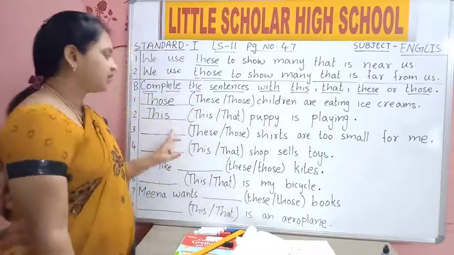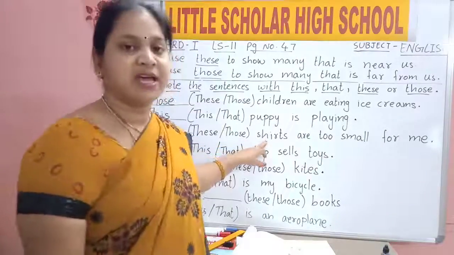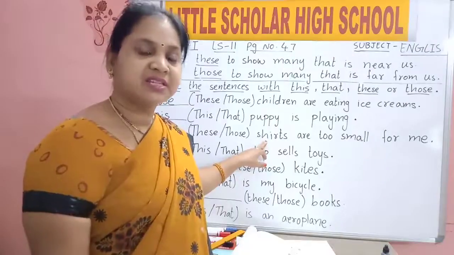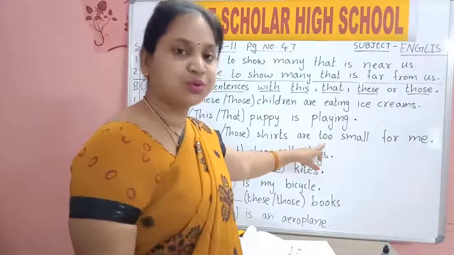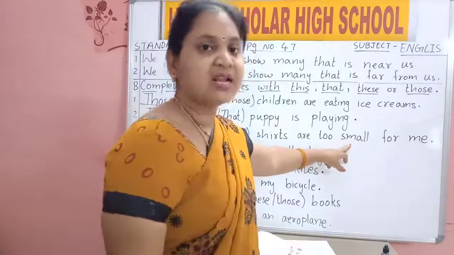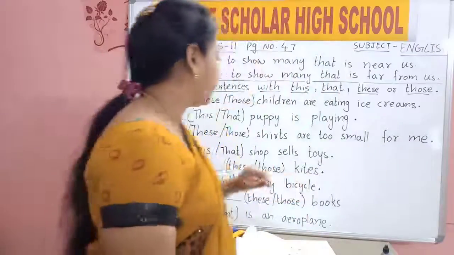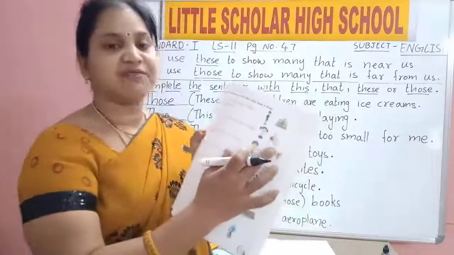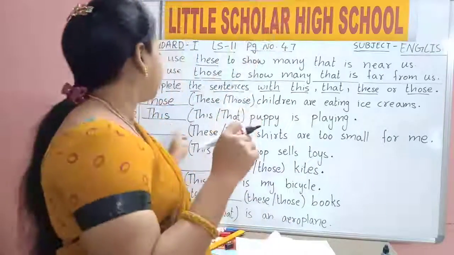Third one. Dash shirts are small for me. Here the shirts are very far. Yes, and many. So what is she saying?